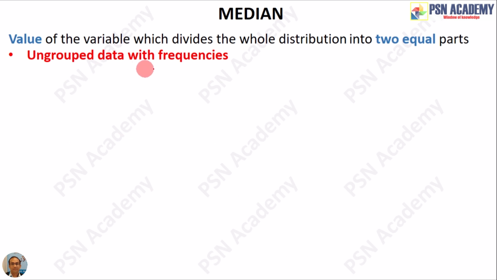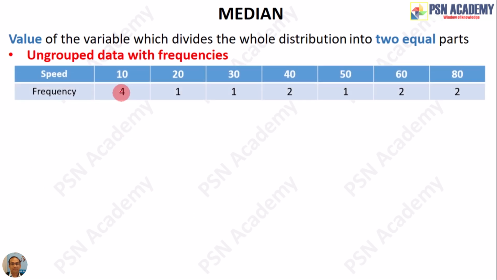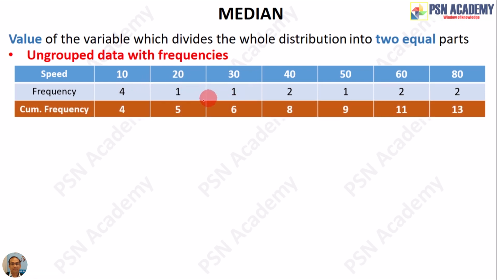Now we go with ungrouped data with frequencies. We have the speed 10 km per hour, that is 4 times, 20 km per hour 1 time, like that. And to calculate the median now, we have to go for cumulative frequency. Now what is cumulative frequency? It starts with 4, like this, and then you add this 4 to this 1 to get 5.